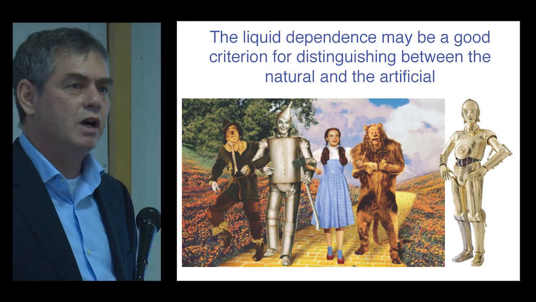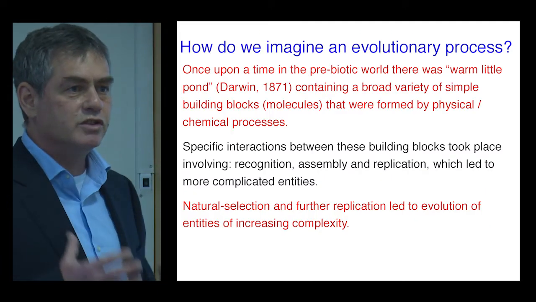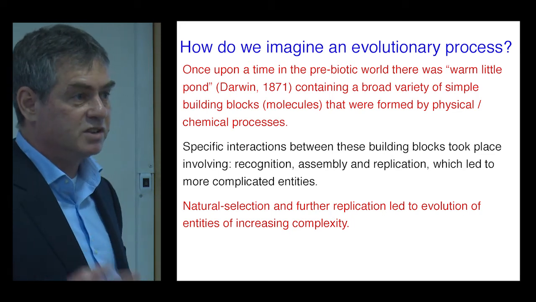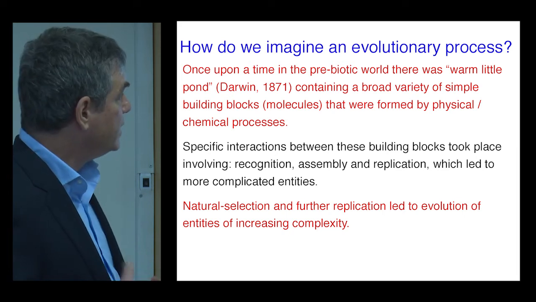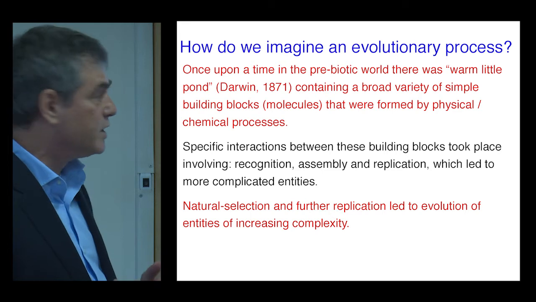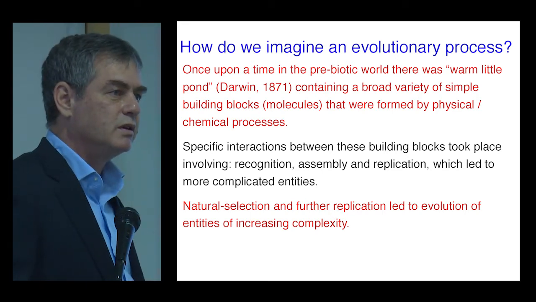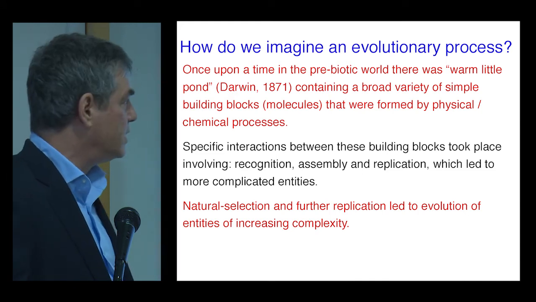And how do we imagine an evolutionary process? We imagine a prebiotic world, a world in which the species were not yet involved in replication. And this world was full of building blocks, small molecules. And according to Darwin, this world consisted of some warm little pond, this primordial soup.